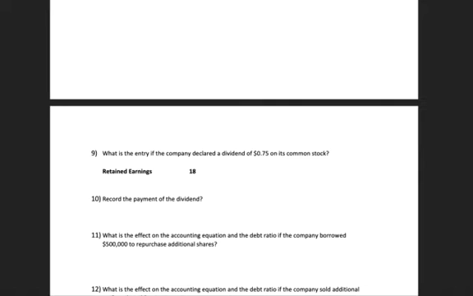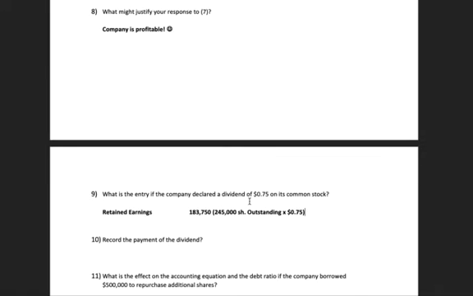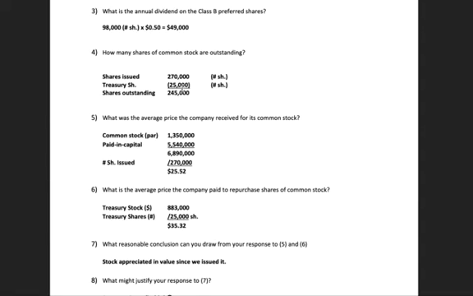The amount is going to be $183,750. Where did we pull that amount from? It's 245,000 shares outstanding multiplied by 75 cents per share. We got that outstanding figure from earlier in the problem.